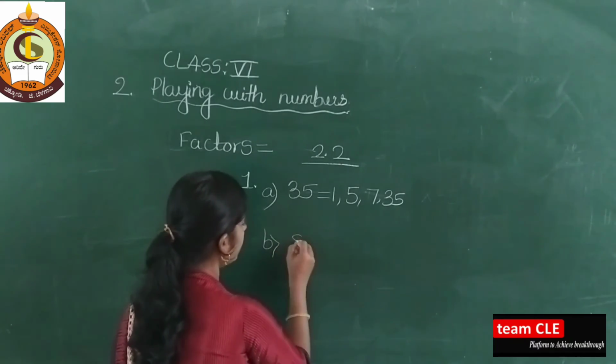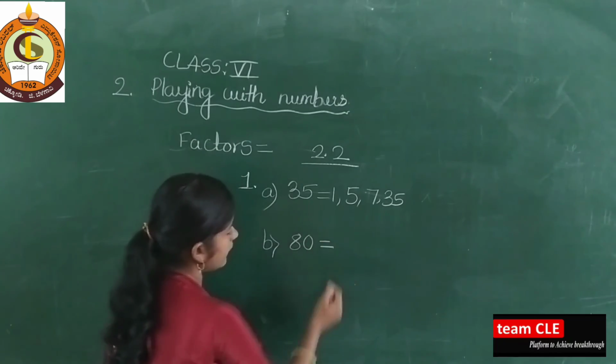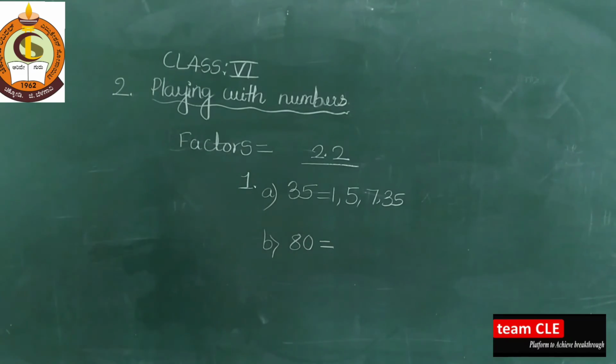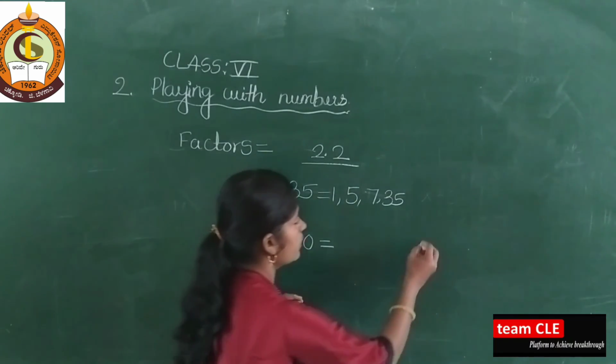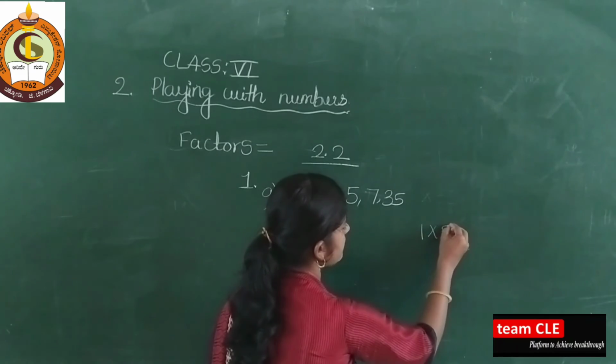Next I will take here 80. Then tell me, 80 is there in which table? Yes, it is there in 1 ones table. 1 80 is 80.